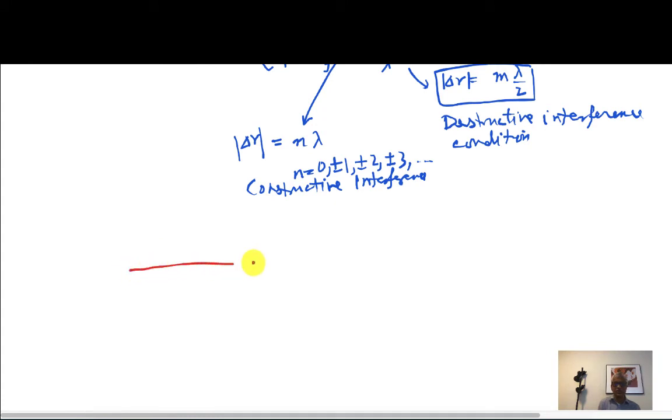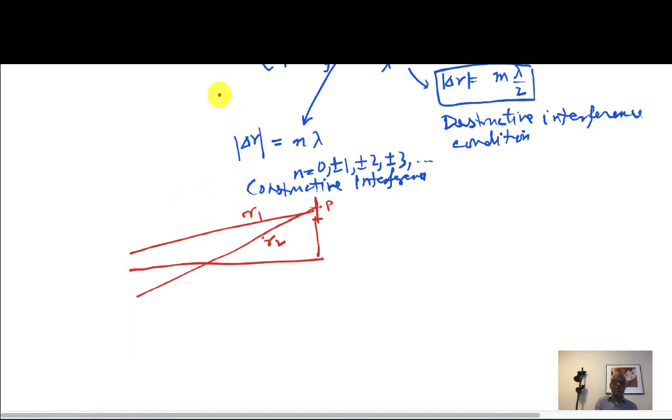So we have a geometry like this, P is here. So imagine, say this r1 is small, it's smaller than r2.